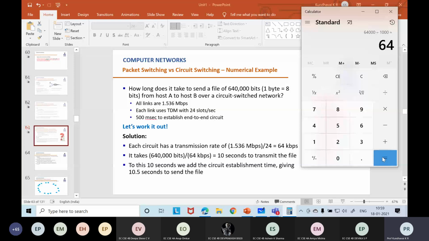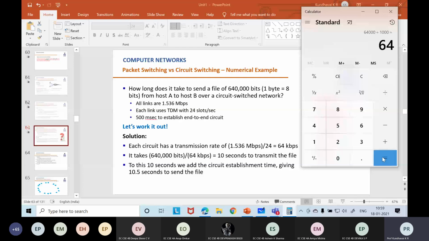So the answer is 6,40,000 bits divided by, L by R, where the rate is 64 into 10 to the power 3. We need not do the math on this, it's just 10. So 10 seconds to transmit the file.